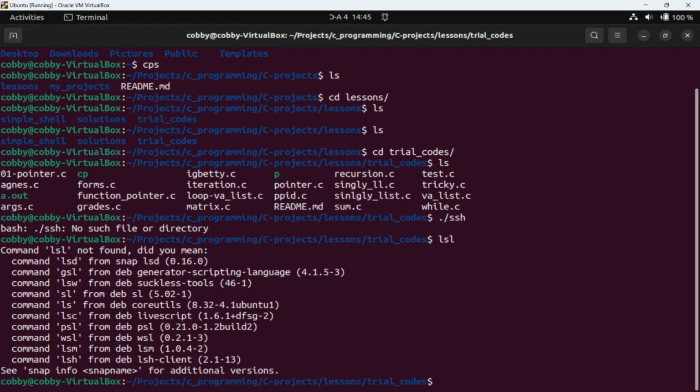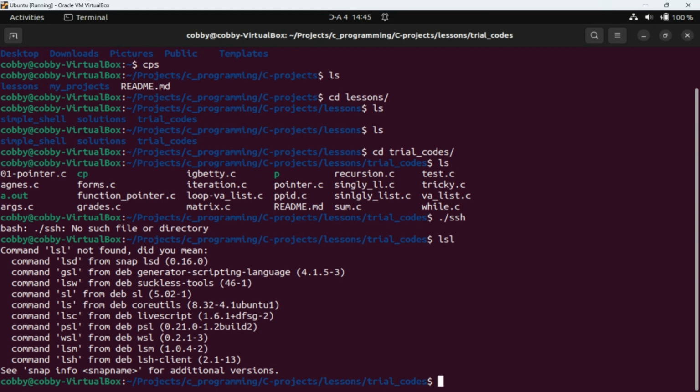That is my work: I take a command, I go and look for the program wherever it exists, and I execute it. So you are trying to tell me that LSL is a command, but there is no LSL in the operating system I am communicating with. Hey, operating system, do you have a program called LSL? The operating system is like, no, there is no such thing as LSL. Then it returns to you that there is no such file or directory, but it puts it in a way that says command LSL not found.